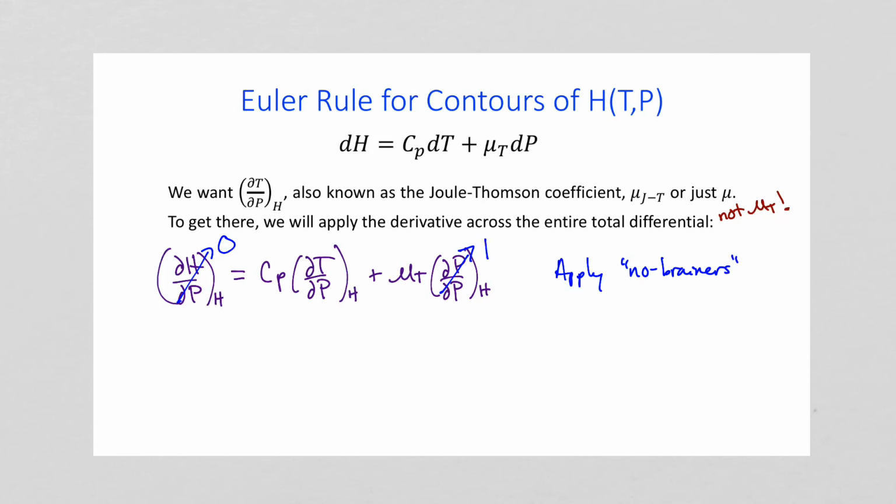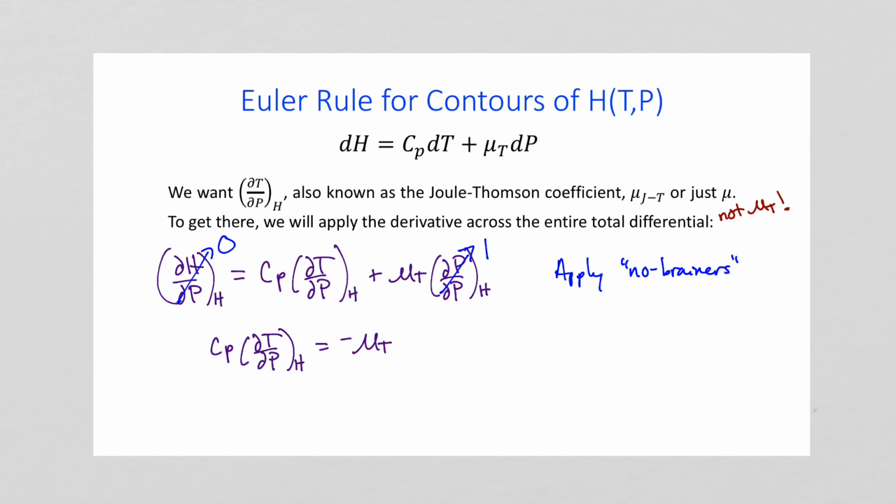Then we can simplify our remaining terms. So we have Cp (dT/dP) at constant H equals minus mu_T. This is just like what we did a few minutes ago, except now we have some more meaningful thermodynamic quantities.